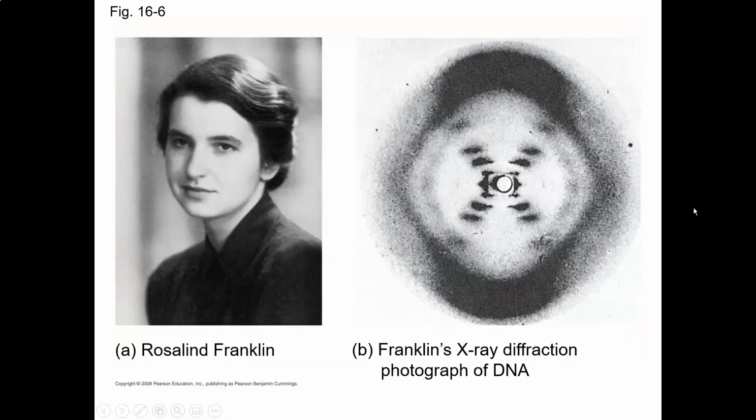So they had some help from Rosalind Franklin, who collected the X-ray diffraction data, where she used X-rays to sort of photograph DNA. You get a diffraction pattern where the X-rays are bouncing off various atoms, and this is a famous photograph of hers that she took.